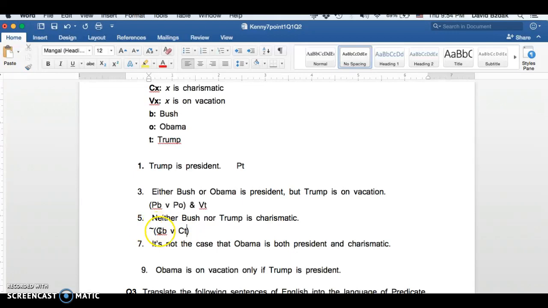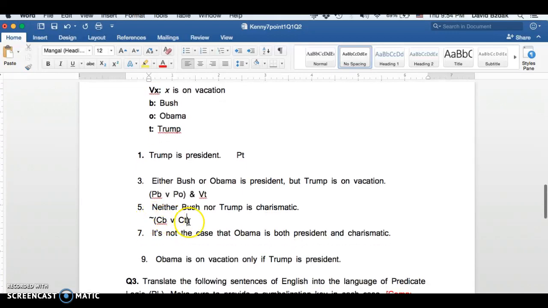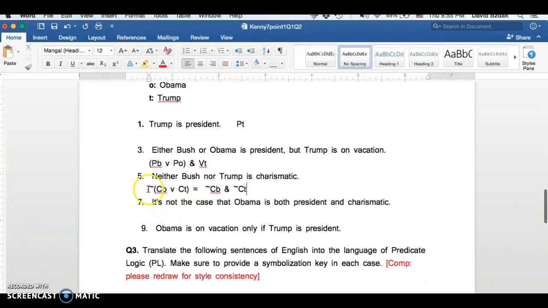So this is not the case that either Bush is charismatic or Trump is charismatic. So again, neither nor, not either or. Now we do know from De Morgan's that this sentence is equivalent to not CB and not CT. But again, I think neither nor is easier to translate with not, thinking about it as not either or, the negation of a disjunction.